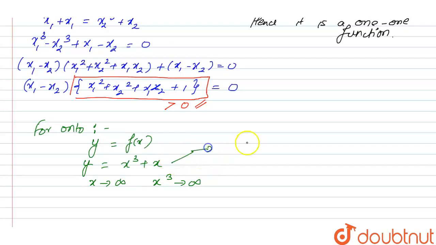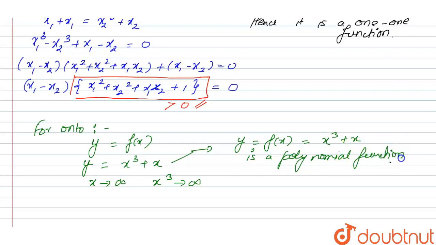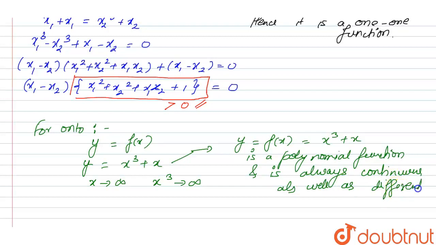First of all, we should know that y is equal to f(x) is equal to x cube plus x is a polynomial function, and is always continuous as well as differentiable. It is both continuous and differentiable.